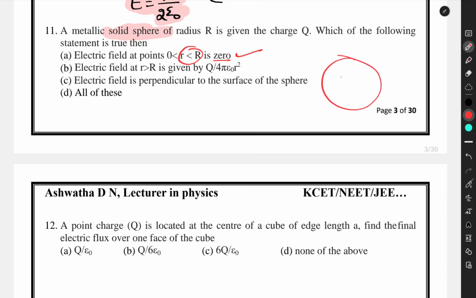If I consider a spherical shell here, this is the radius R. R value less than capital R means it is inside, and inside the electric field is 0. It is correct. Electric field at r greater than capital R means it is outside, and the electric field is given by Q by 4 pi epsilon naught into r square. It is also correct. Then the electric field is perpendicular to the surface. That is also correct.